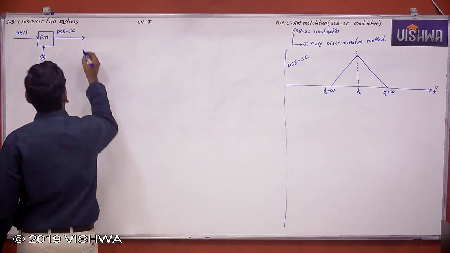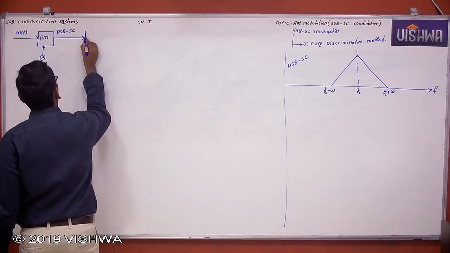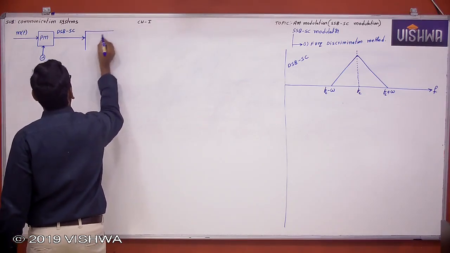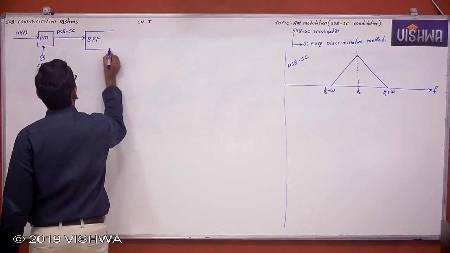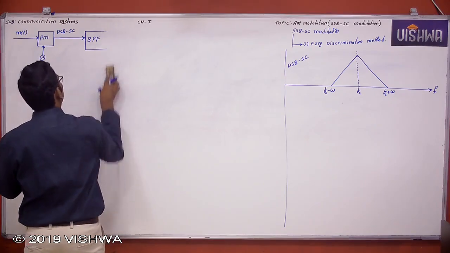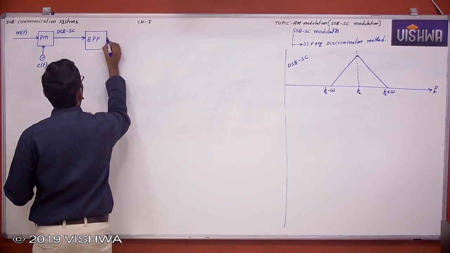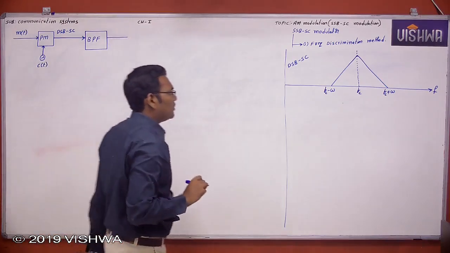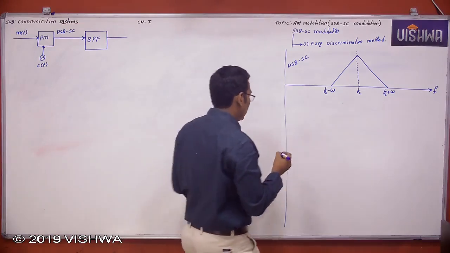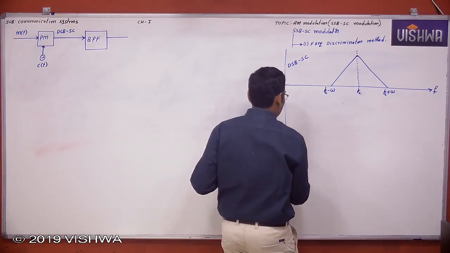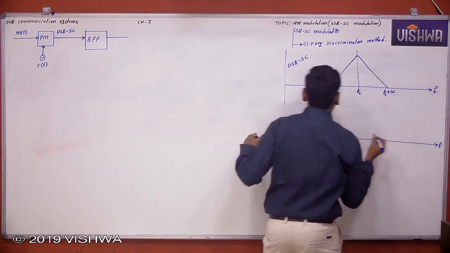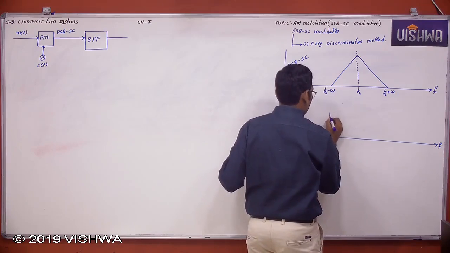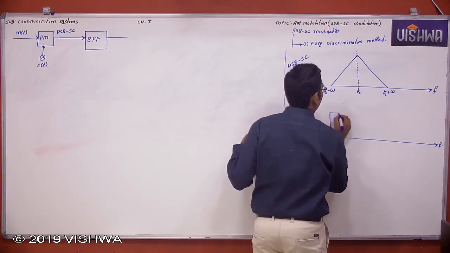Therefore, this double sideband suppressed carrier is separated out by using a filter, a band pass filter. Here I am using a band pass filter because I want only one sideband. Now I design a band pass filter with gain versus frequency characteristics like this.